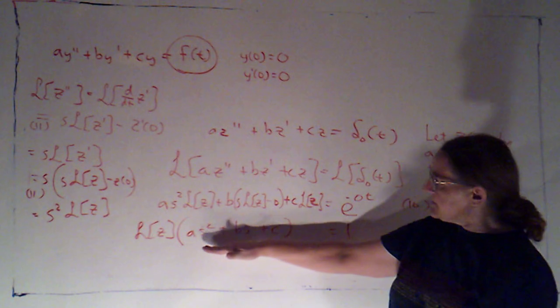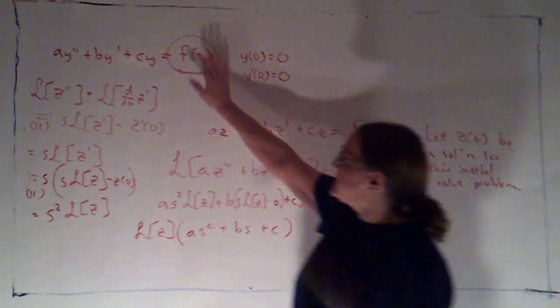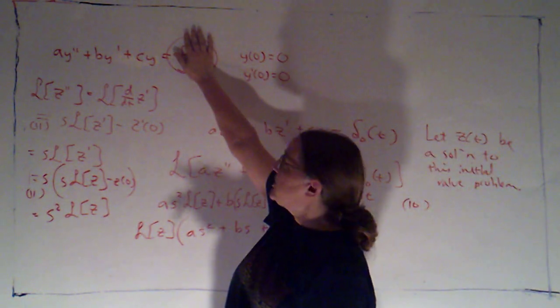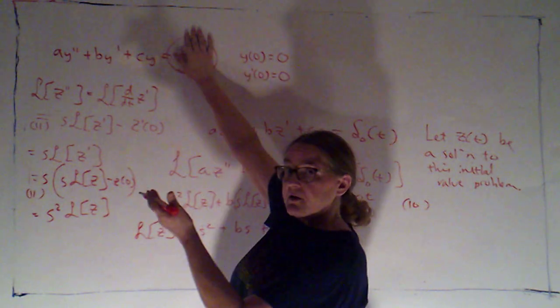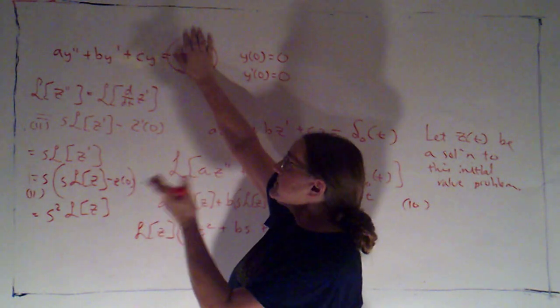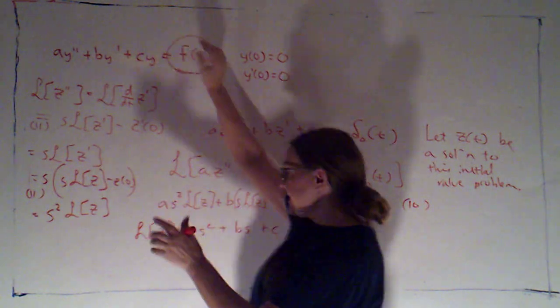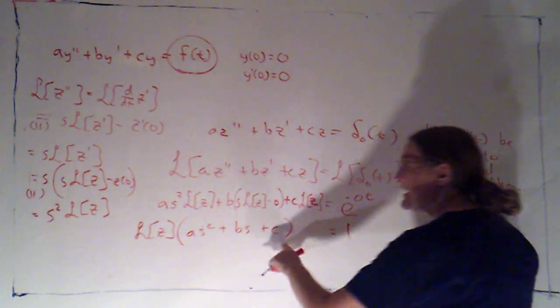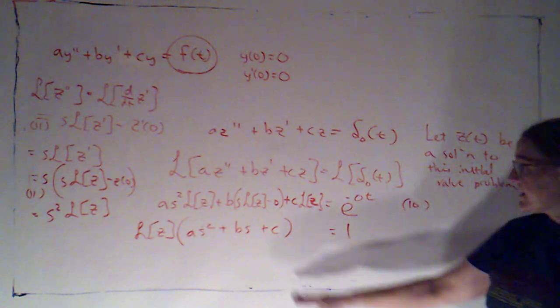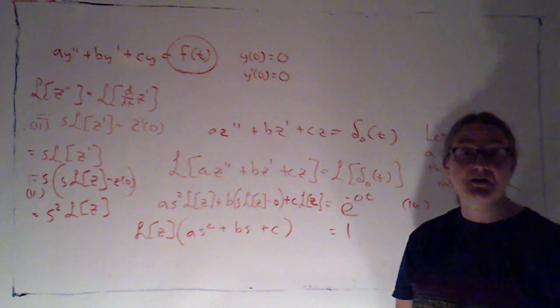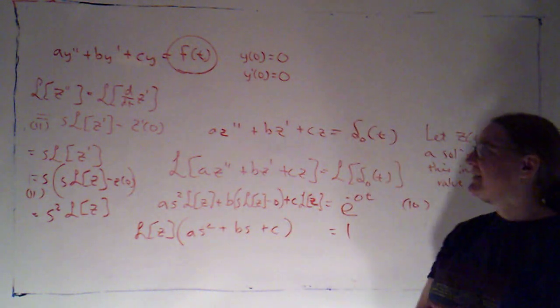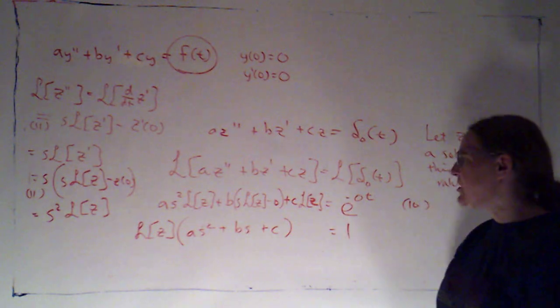Now notice, if I were solving the associated homogeneous equation, my characteristic equation would be as squared plus bs plus c equals 0. It would be setting this same polynomial here equal to 0. We can actually call that the characteristic polynomial for the associated homogeneous equation.